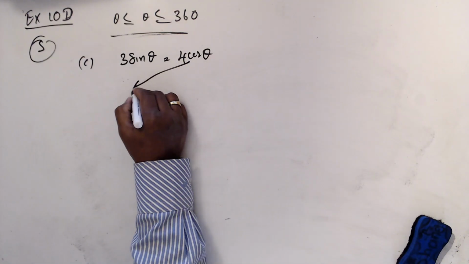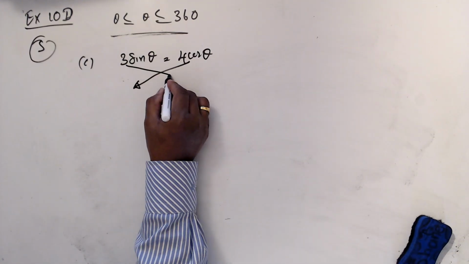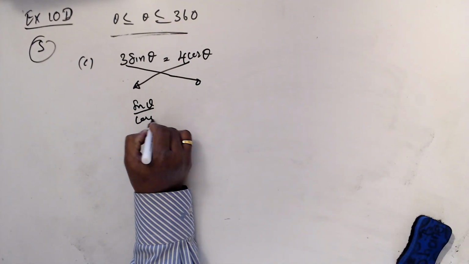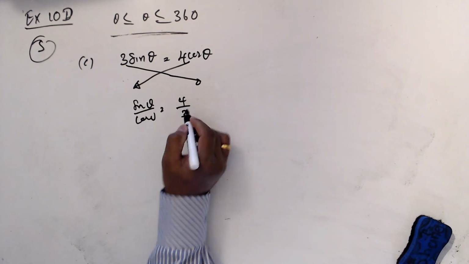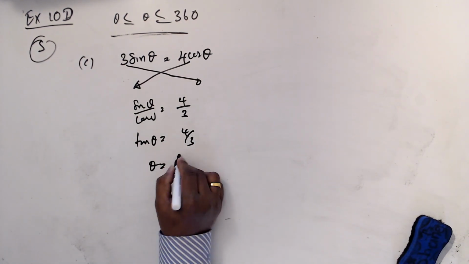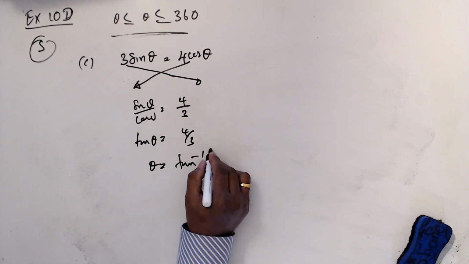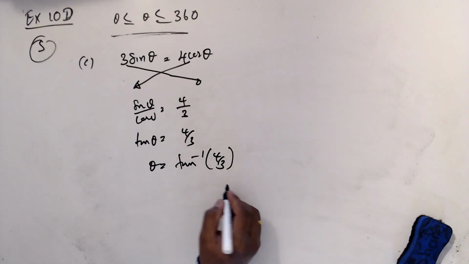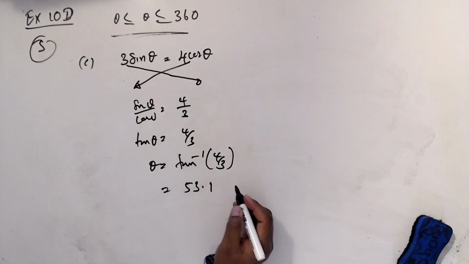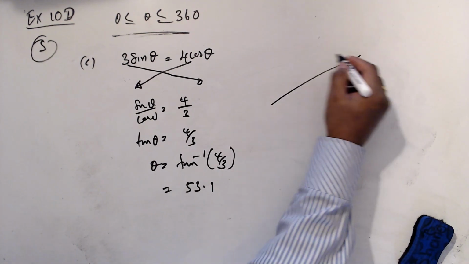Part C, cos theta down and 3 down here. Sin theta over cos theta equal 4 over 3. Tan theta equal 4 over 3. Theta equal tan inverse 4 over 3. So this is 53.1 and this is positive.